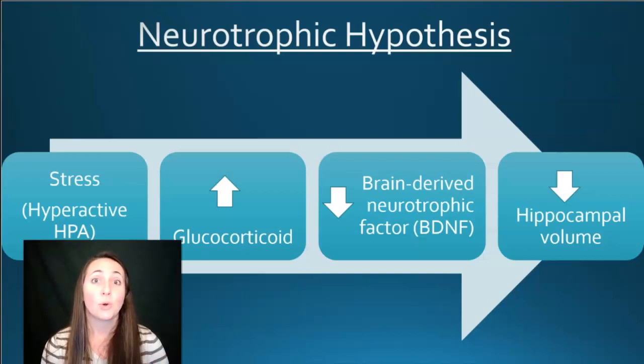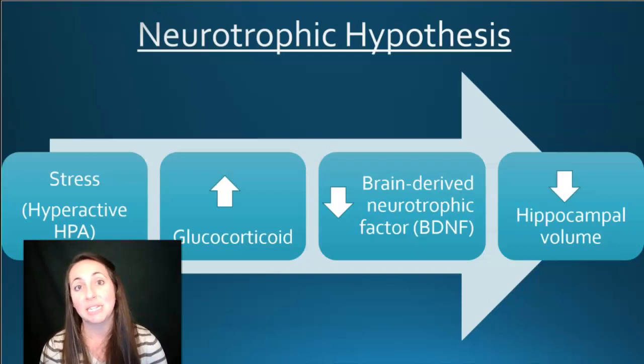However, if the glucocorticoids are saturating the hippocampus and its primary function is to handle the glucocorticoids that have come about because of stress, BDNF can't be produced, or it's not being produced as regularly or as efficiently. So we see that there's actually a decrease in BDNF in the hippocampus when we see increased stress.